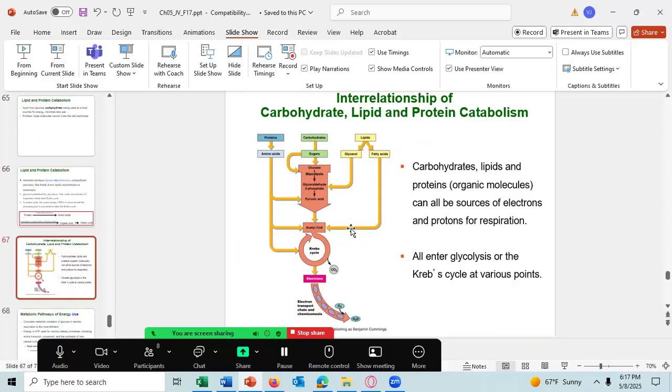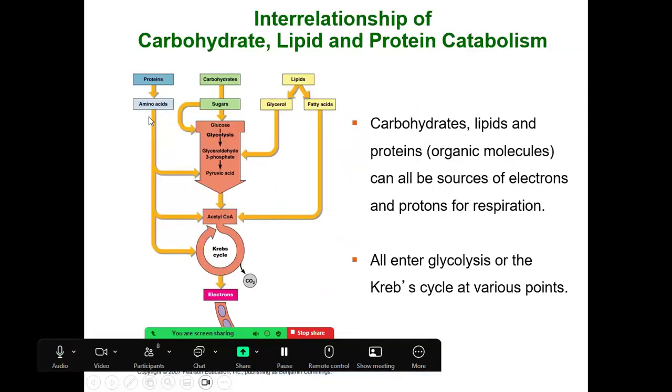So this is showing you protein digested. Let me see if I can blow this up. The proteins will be converted into amino acids. The amino acids can go in a late step in the Krebs cycle, depending on which amino acid it is. It can be converted into acetyl coenzyme A and then go in the Krebs cycle.